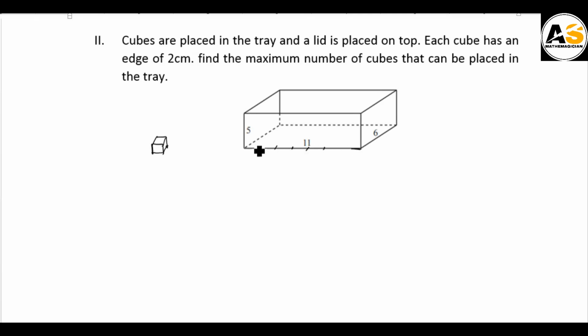So lengthwise we will have 5 cubes and widthwise we will have 3 cubes of 2, and height wise we will have only 2 cubes, 2 plus 2, 4. This 1 centimeter will be hollow. So total number of cubes placed will be 30. I hope this is clear. This was quite straightforward.